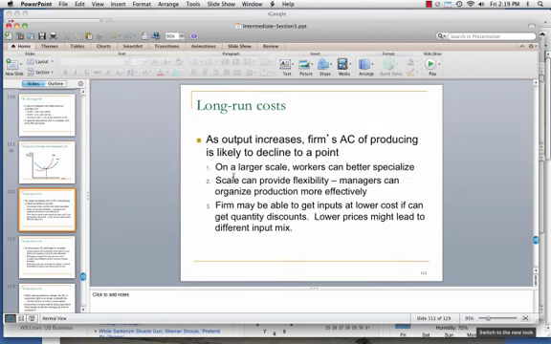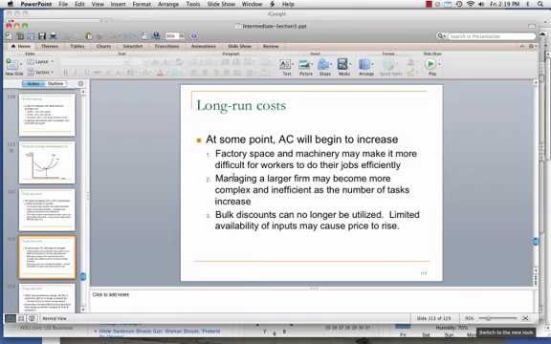And why is it that when the firm is producing more, the average cost is likely to decline in the beginning? Because essentially the firm is getting better, finding a better way of organizing their activities. It's producing things in a more effective manner. The workers are becoming more specialized.